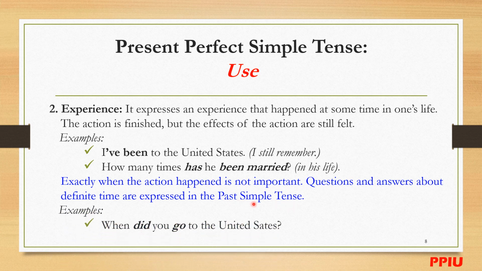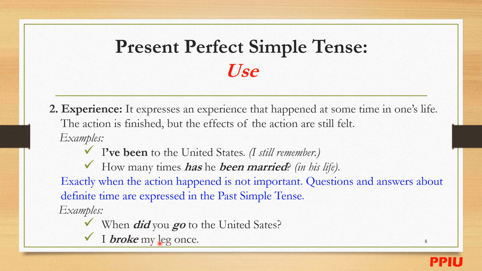For example, when did you go to the United States? When did you go to the United States? If we really want to know the definite time, we need to ask in the past simple, not present perfect simple. Did you go?